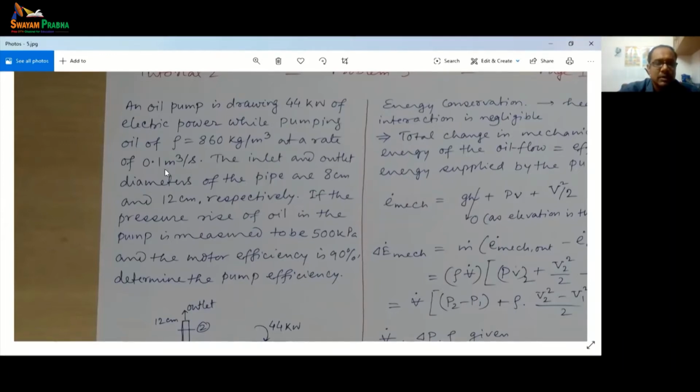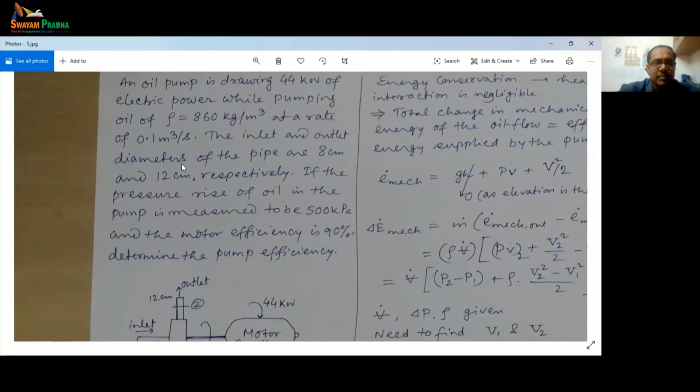This unit itself tells you that this is the volume flow rate, 0.1 meter cube per second, not meter per second, which is a velocity unit. The inlet and outlet diameters of the pipe are 8 centimeters and 12 centimeters respectively. So the pump will have an inlet and an outlet.